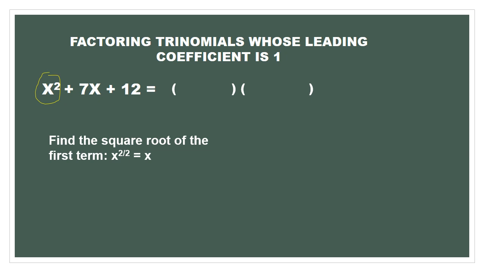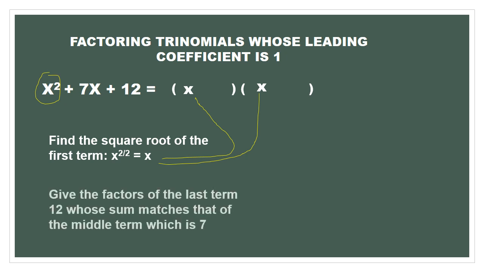First, find the square root of the first term, x squared. I-divide ulit natin sa 2 ang exponent that is equivalent to x. Sulat natin yung x doon sa ating first parenthesis and doon naman sa kabila yung x sa isang parenthesis. Pinaghiwalay natin sila.